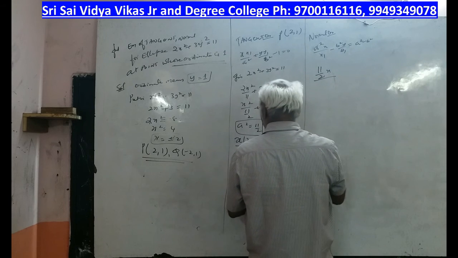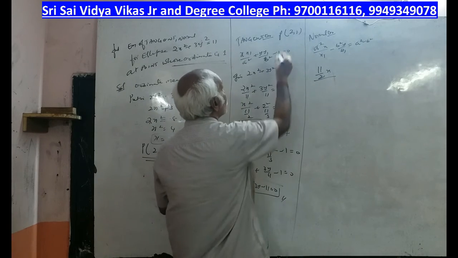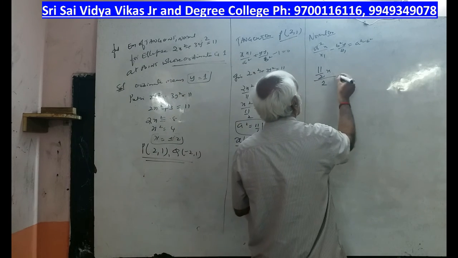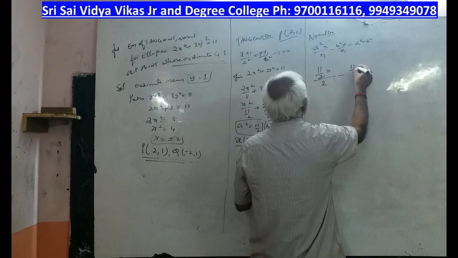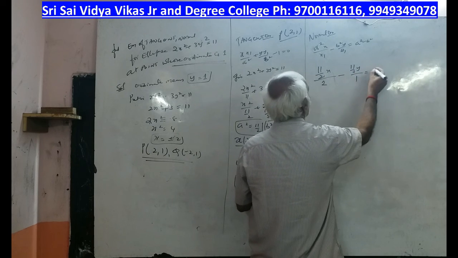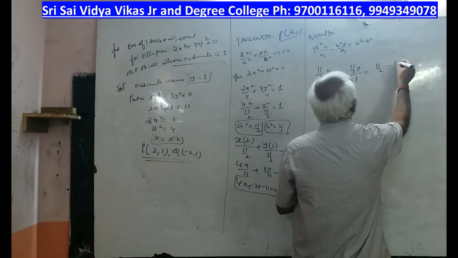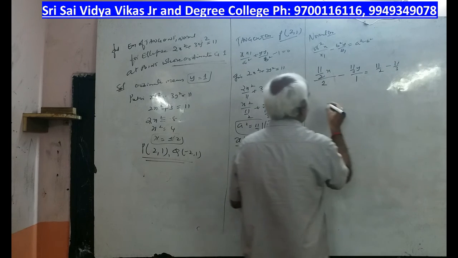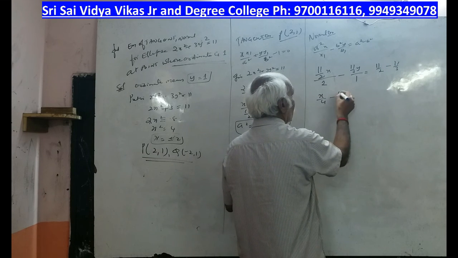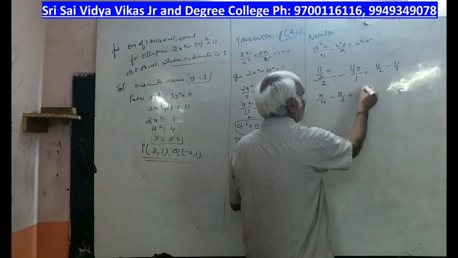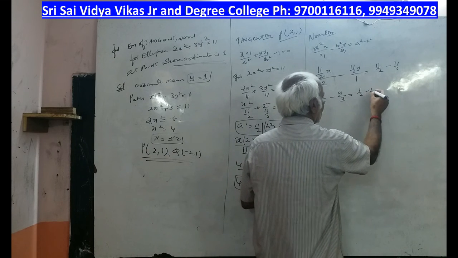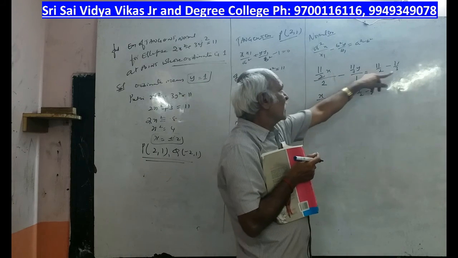What is the x1 value? 2 comma 1. So 2, minus b² means what, sir? 11 by 3 by y1, which is 1, is equal to a² minus b², that means 11 by 2 minus 11 by 3. Cancel 11 everywhere, sir.